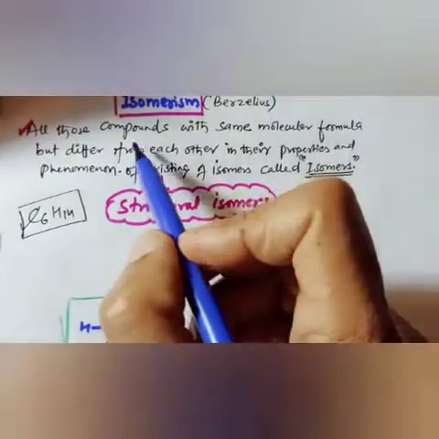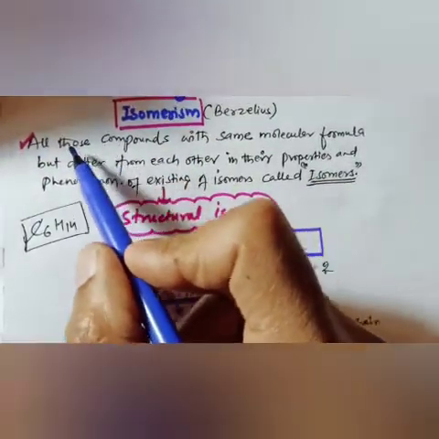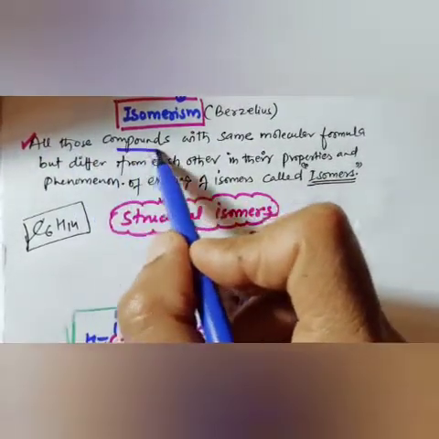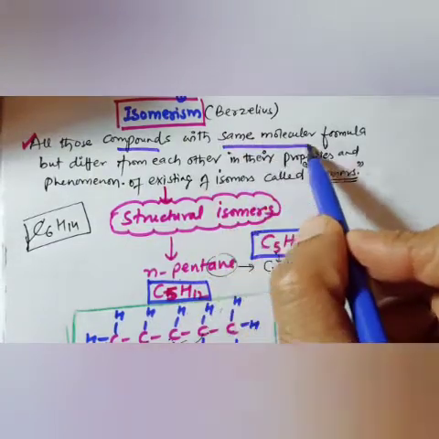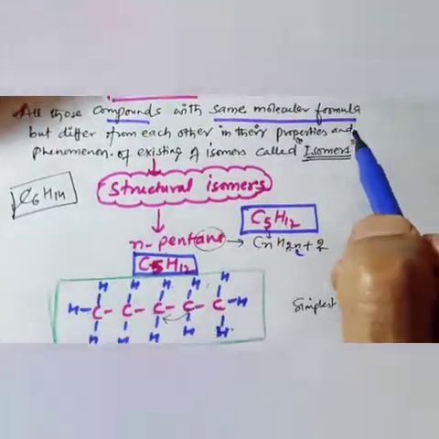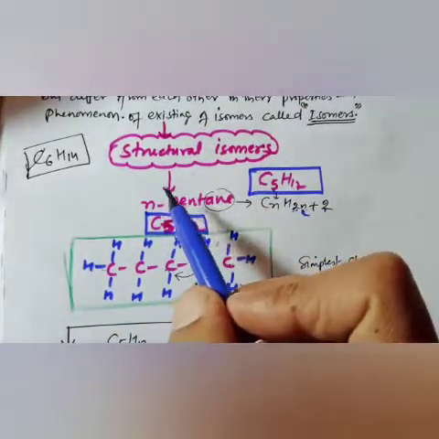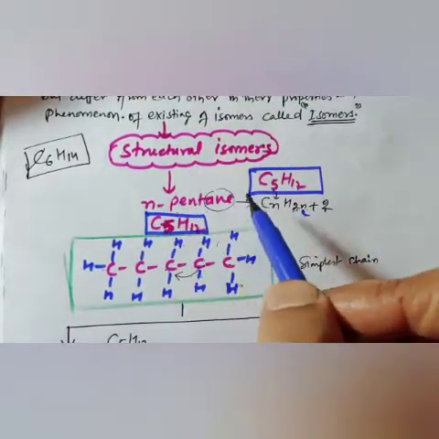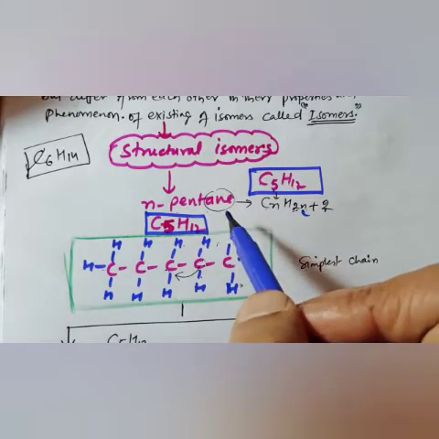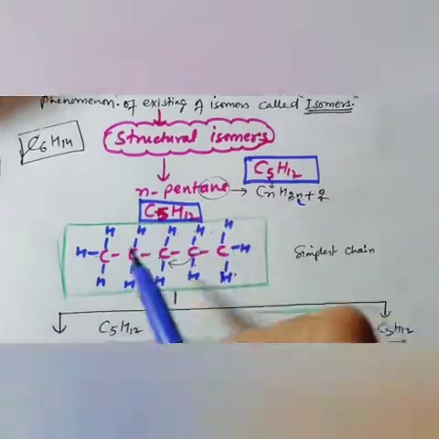And what did we study? Isomerism is the property of compounds in which the molecular formula remains the same but the structure is different. Let's see.